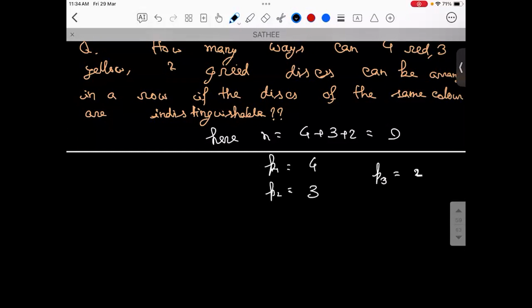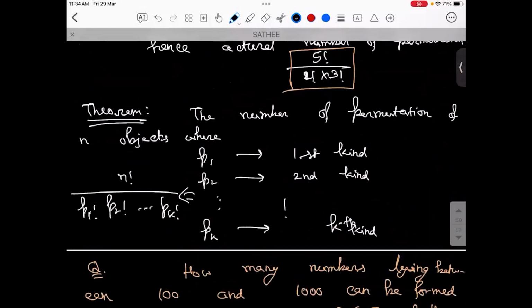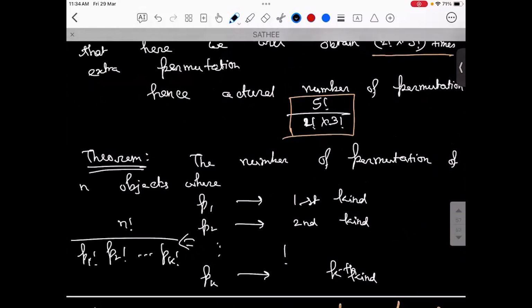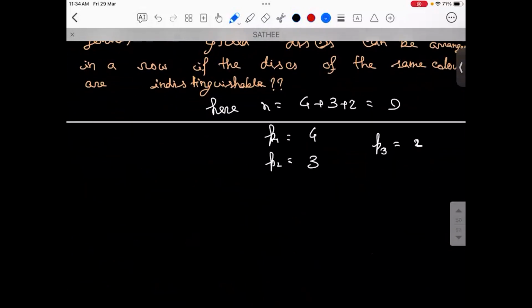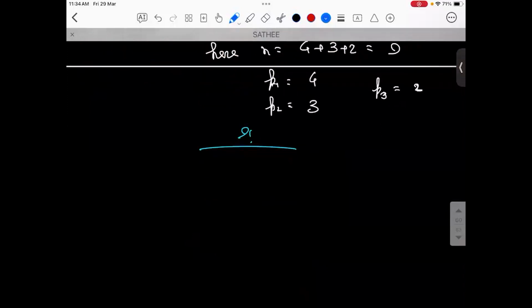So using the formula discussed in the beginning of today's lecture, we get the answer: 9 factorial divided by 4 factorial, 3 factorial, 2 factorial.